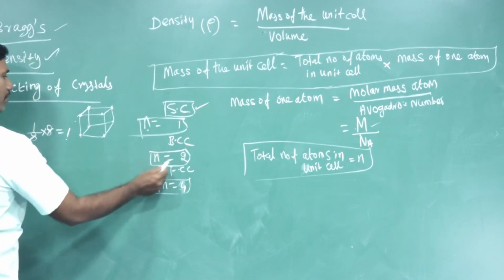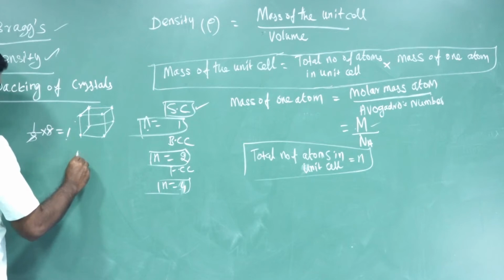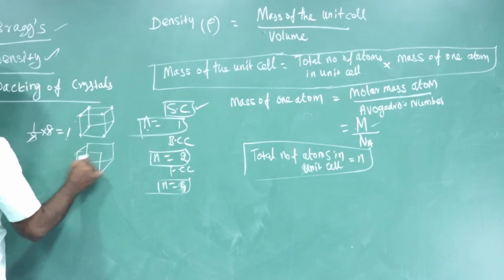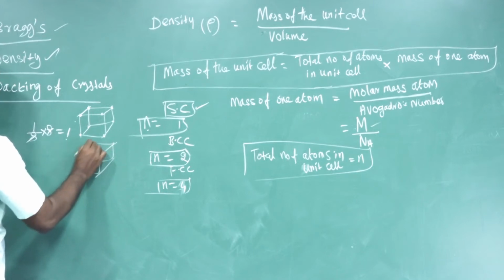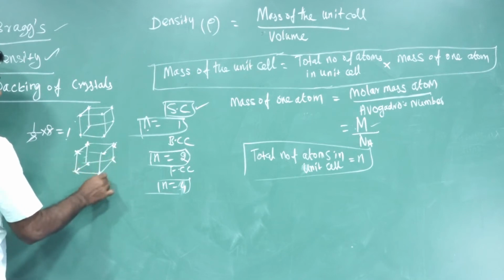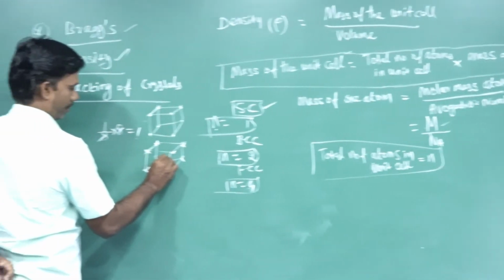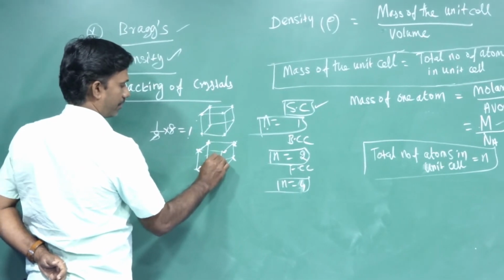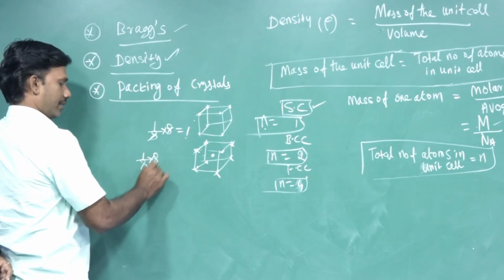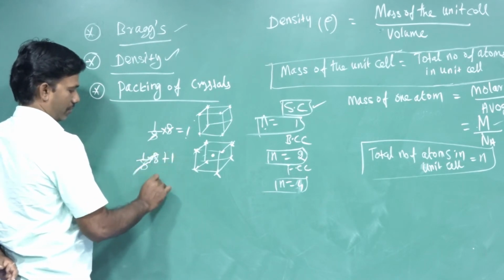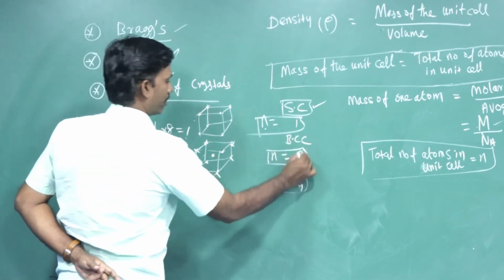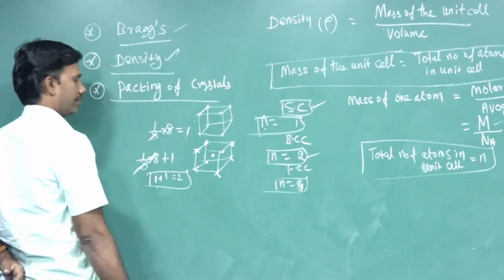Whereas N equals 2 for body centered cubic. In the body centered cubic, in the same way you have the corners, and in addition to that you will have an atom at the center of the body. So 1 by 8 into 8 plus 1, 1 plus 1 equals 2. So in a body centered cubic you will have 2 atoms.